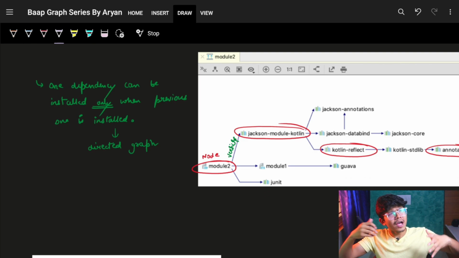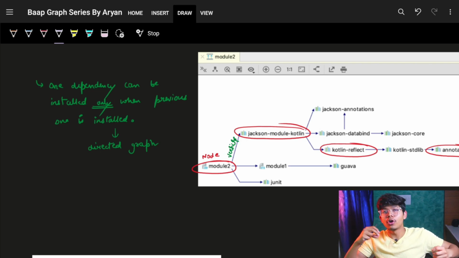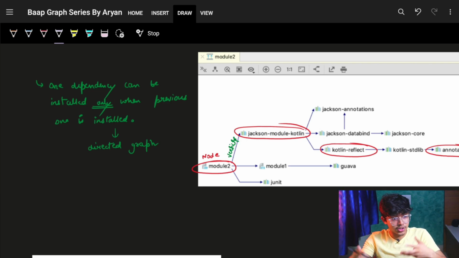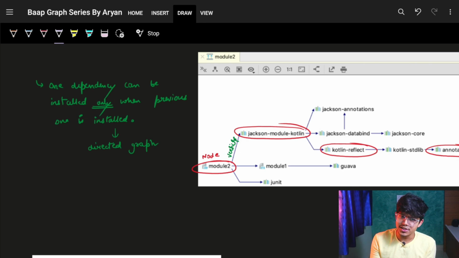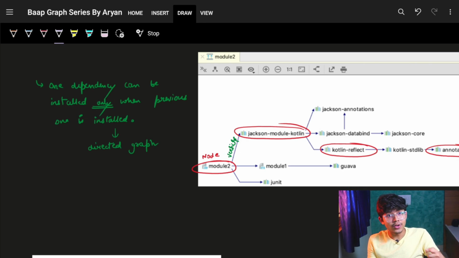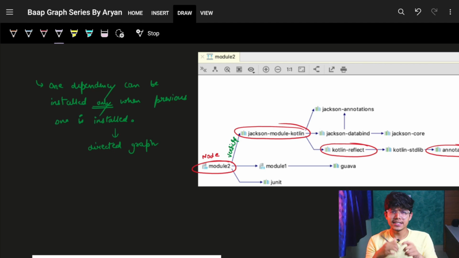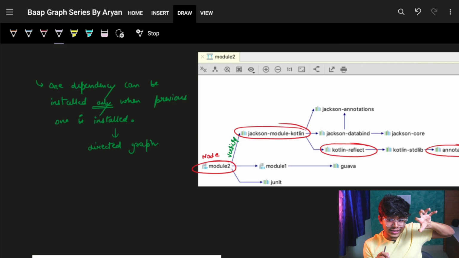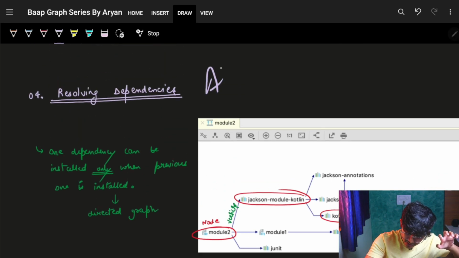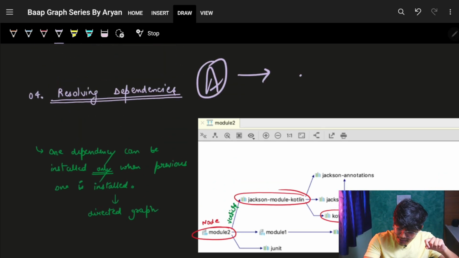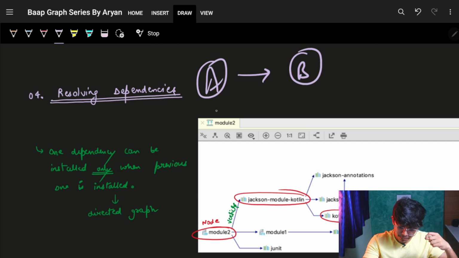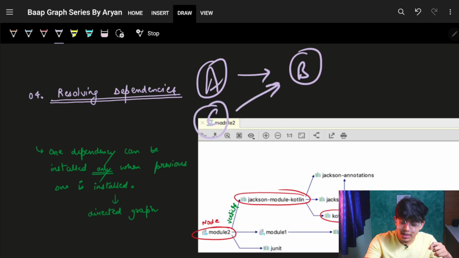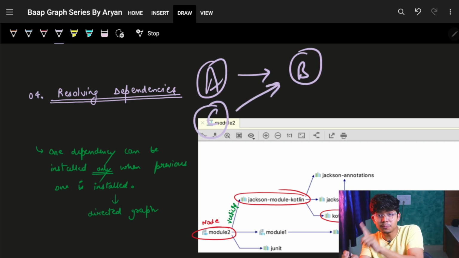If you have seen it in compilers, or when your Java program builds, or any project builds in general, you have your Maven dependencies, Gradle dependencies. You understand the word dependency, which means if process A runs, when it gets completed, only then process B can start. When process A and C both run, then only process B can start.